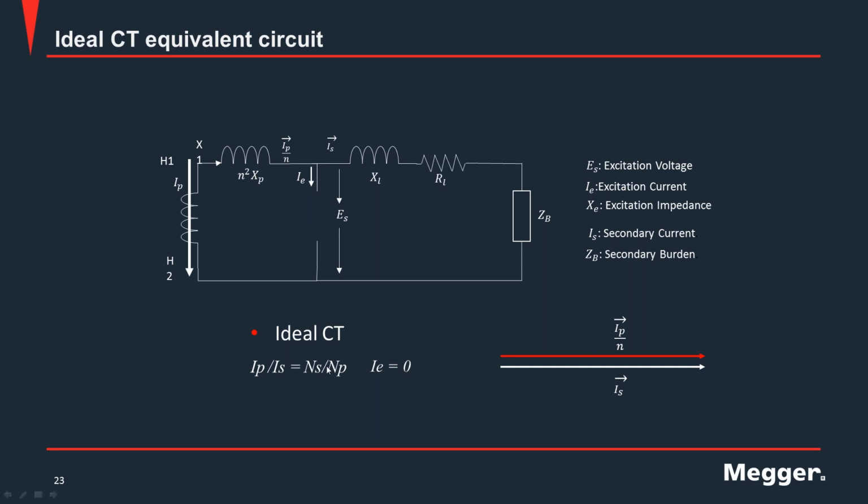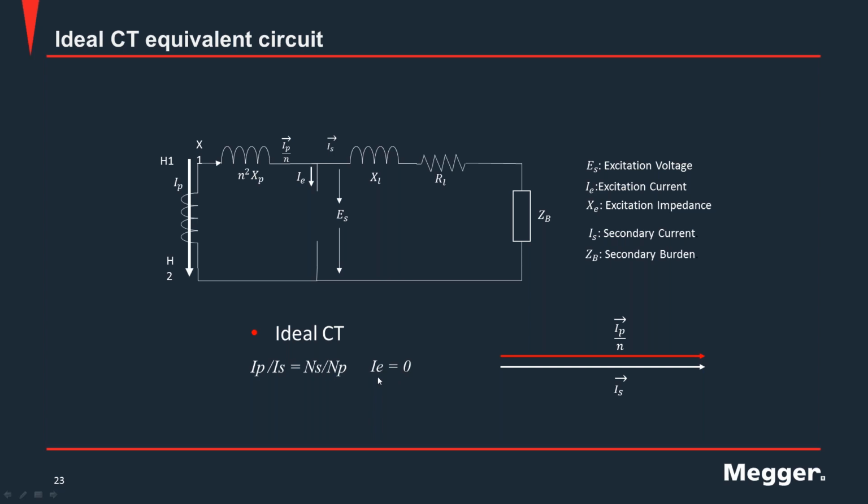In an ideal CT, the ratio of the primary current over the secondary current is exactly equal to the number of turns on the secondary divided by the number of turns on the primary. Exactly equal. Again, this is an ideal CT. And when you look at the phase angle, what comes in at 0 degrees comes out at 0 degrees on the secondary. This is an ideal CT, and that is zero excitation current.